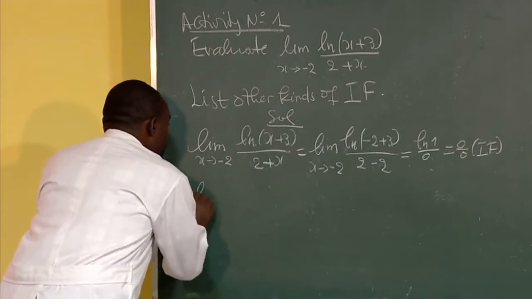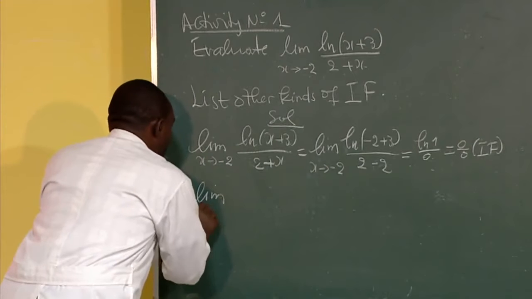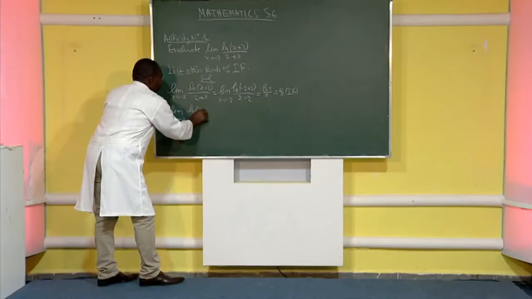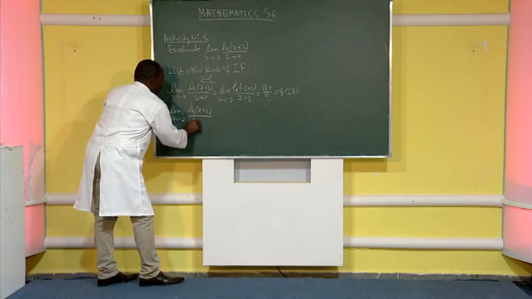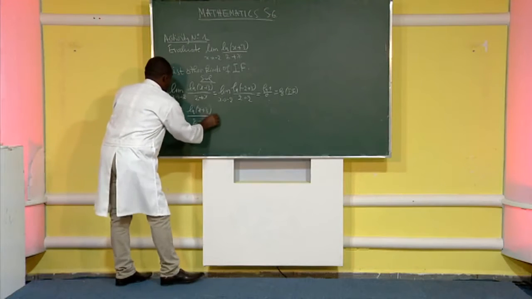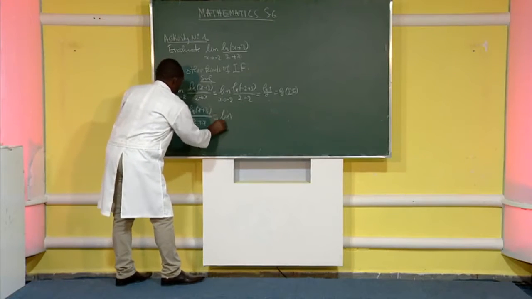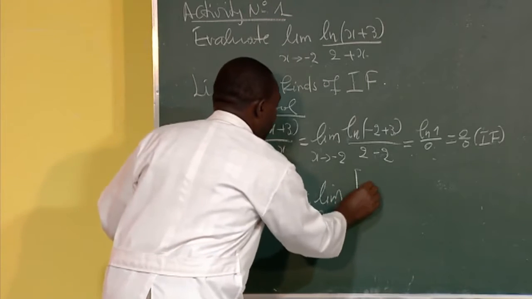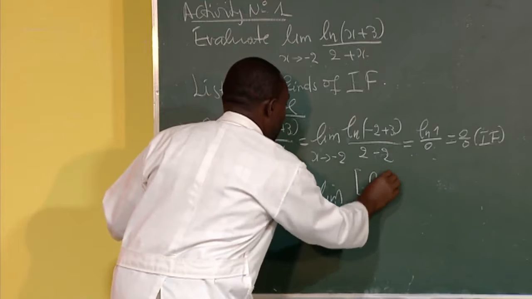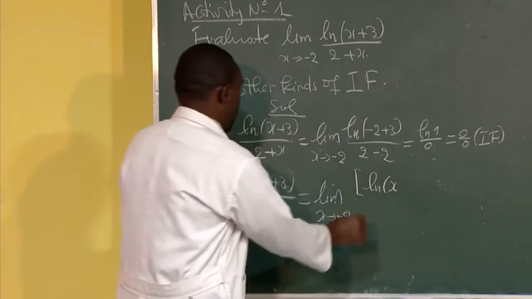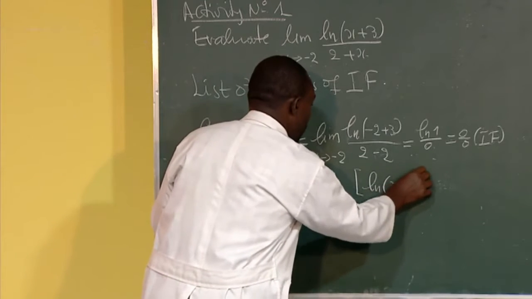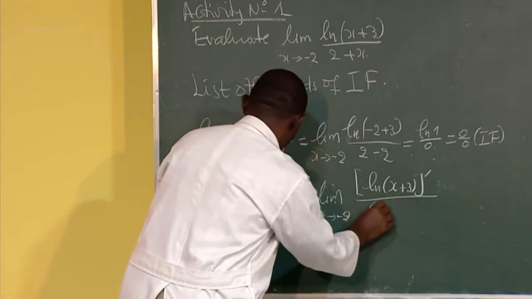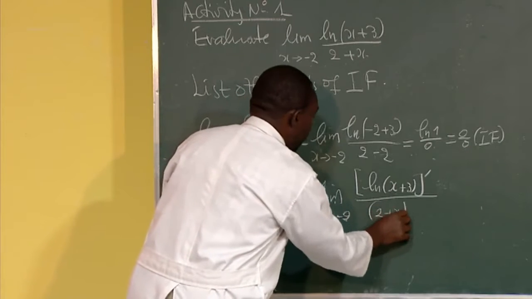Now, the limit as x approaches minus 2 of ln of x plus 3 divided by 2 plus x equals the limit as x approaches minus 2 of the derivative of ln of x plus 3 divided by the derivative of 2 plus x.